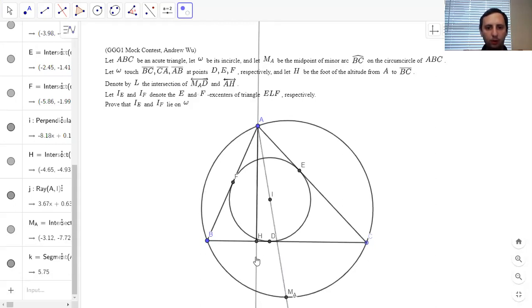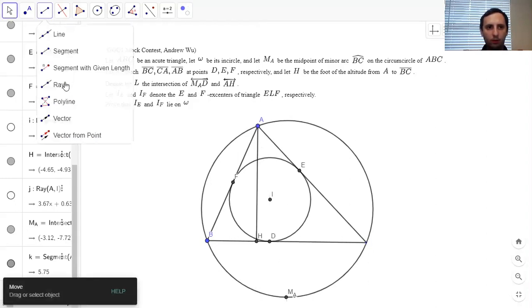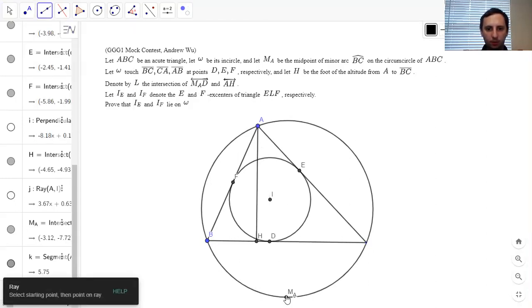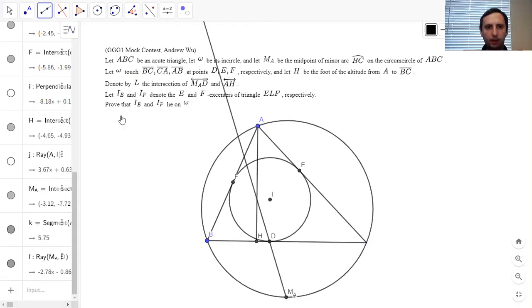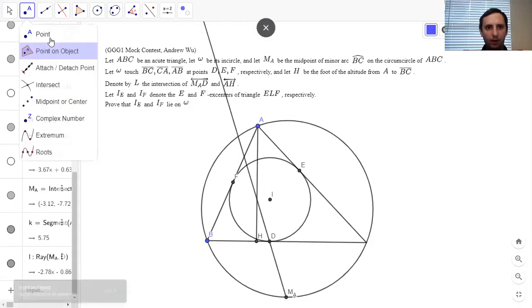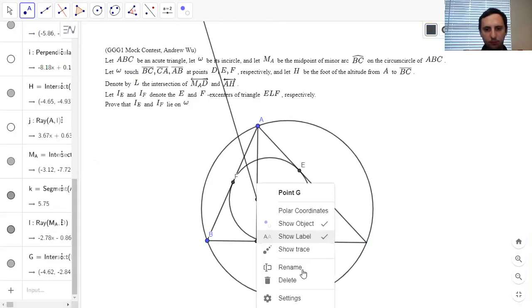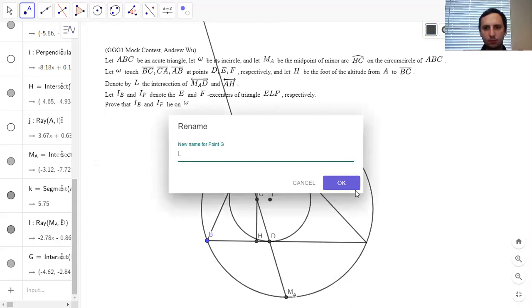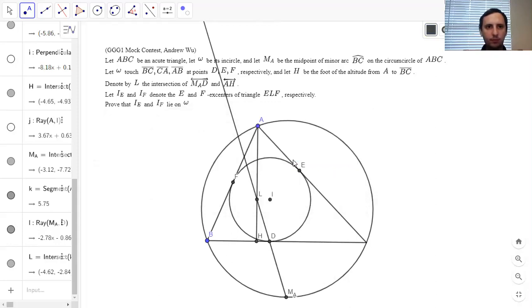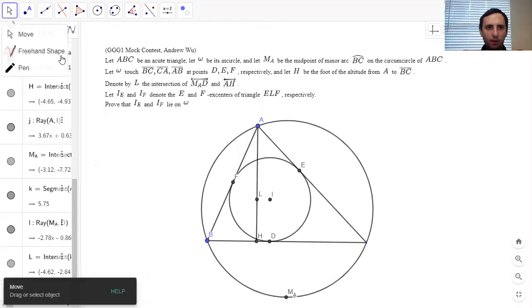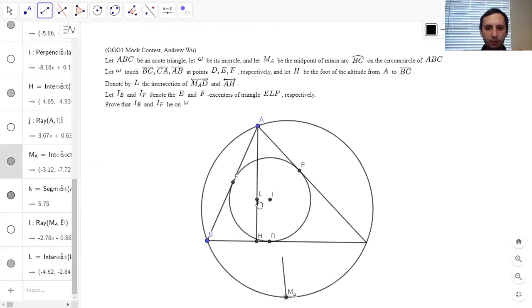Oh, so maybe I should have drawn, well, no, I only need to draw that for the altitude. Okay, so we want to see where does MAB meet AH? We call it L. And IE and IF are the X centers of ELF.